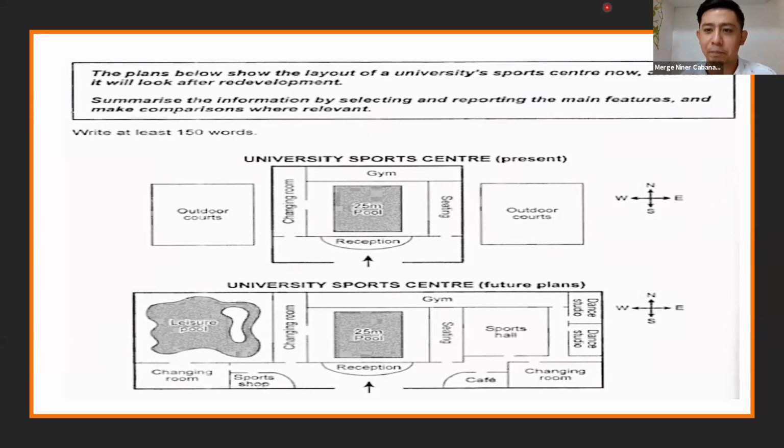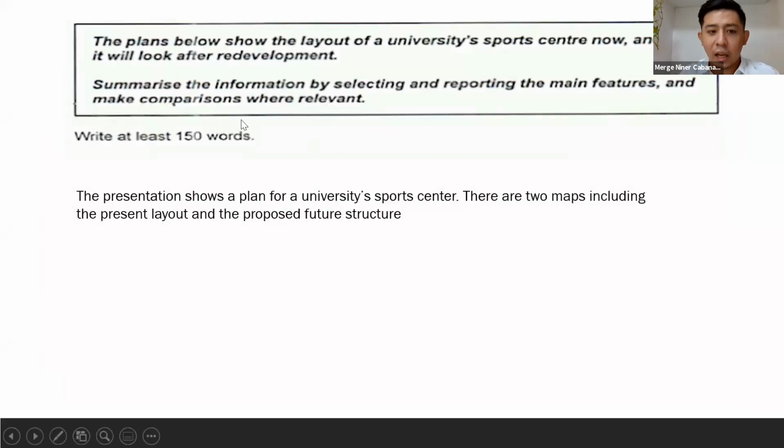So this is my basic sample. The presentation shows a plan, very neat, for a university sports center. That's the very brief discussion. And then there are two maps included, the present layout and the proposed feature structure, because that's what they contain.